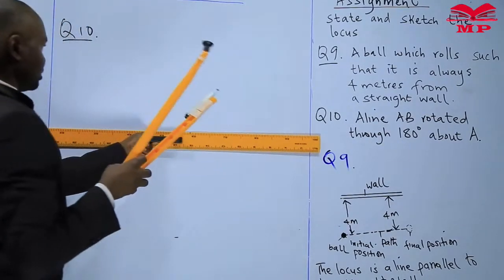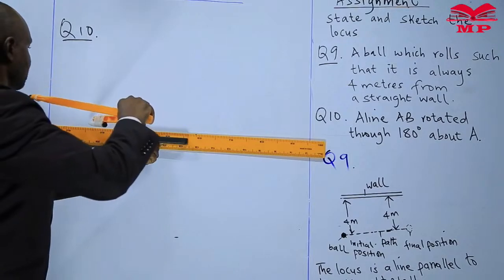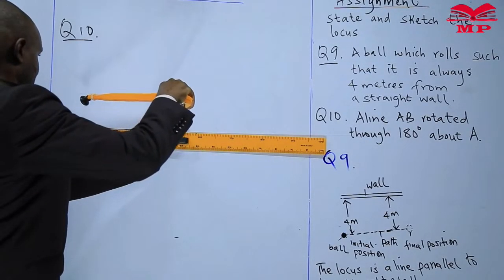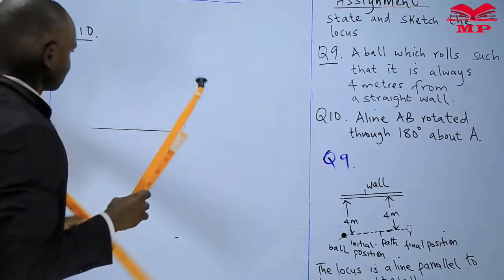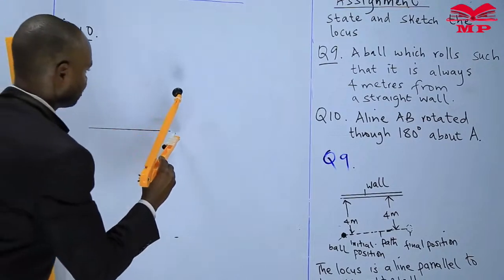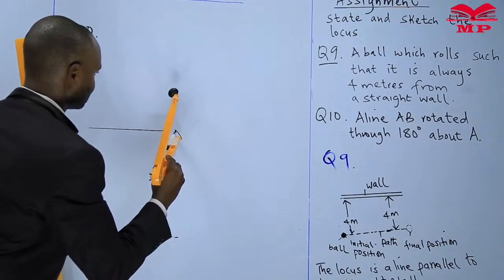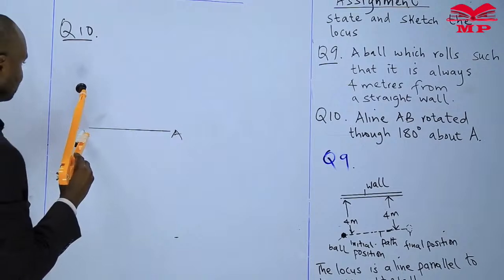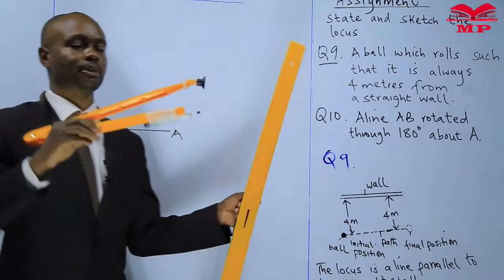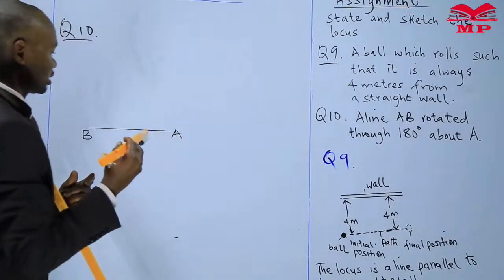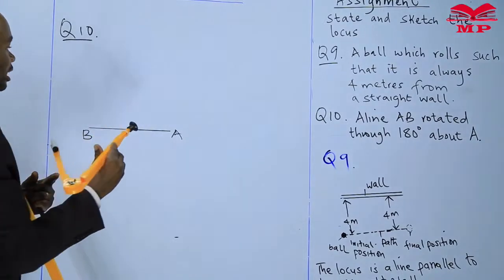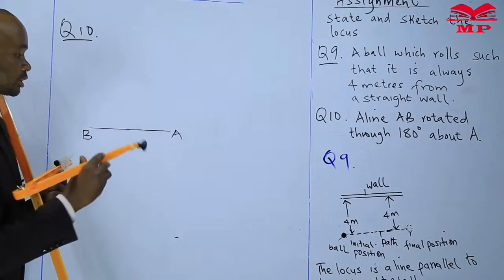So you can draw that, point A and point B. If you look at it very well, it is the line being rotated. So in that case, AB will be like the radius of the trajectory.